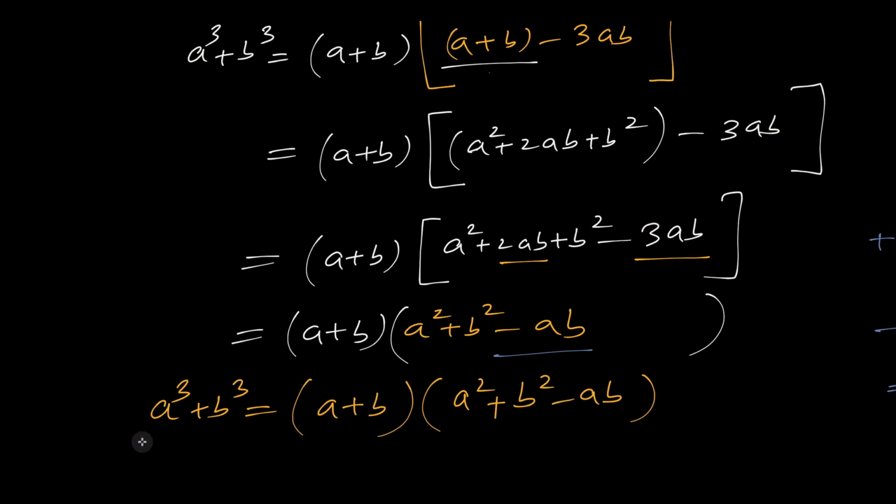So we got a formula for a cube plus b cube. It is in the form of the product of a plus b and a square minus ab plus b square, because some people write a square first, then minus ab, then plus b square. So this is how we can find the formula for a cube plus b cube.